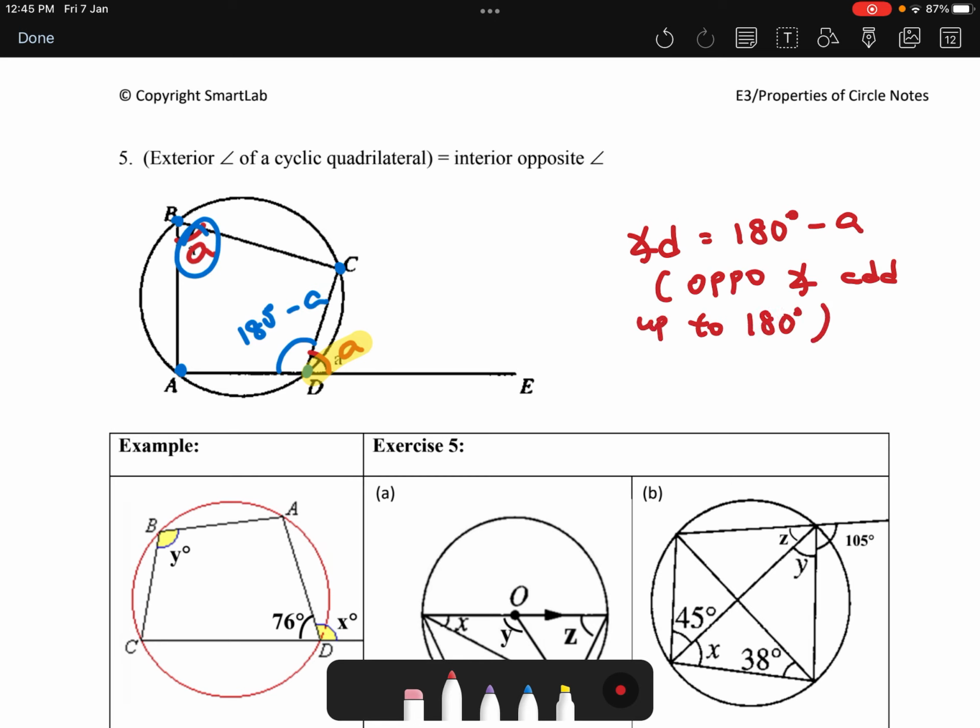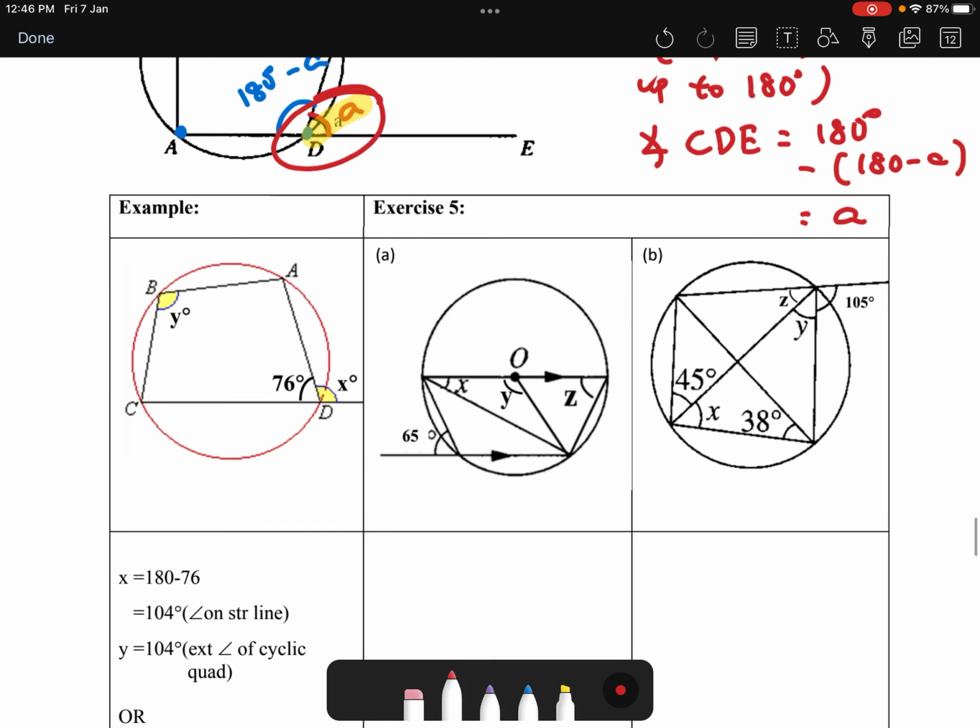Now of course, at this point, maybe I call this angle CDE, it will give you 180 minus (180 minus A), so it will give you positive A. This is due to angle on a straight line.